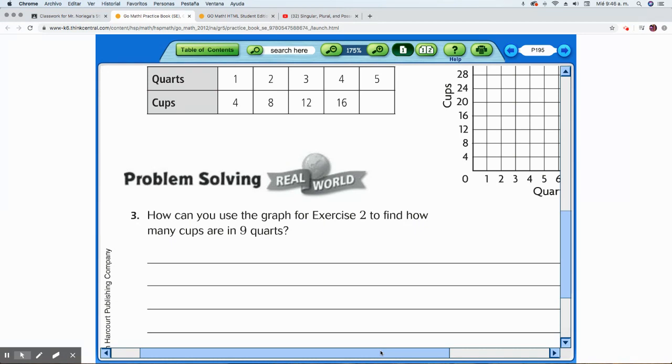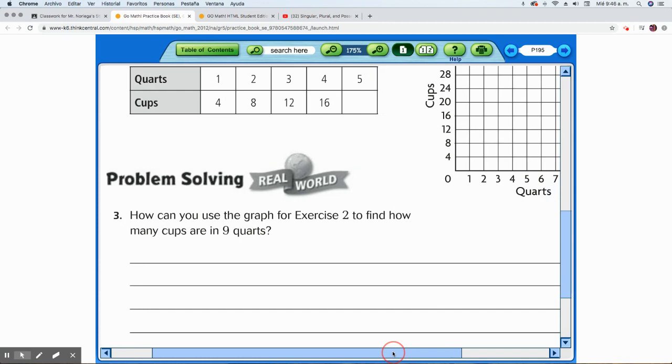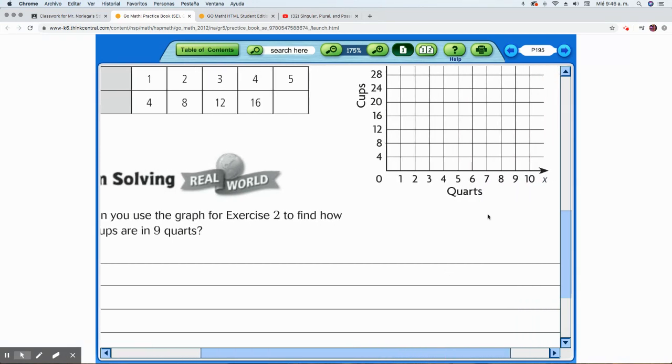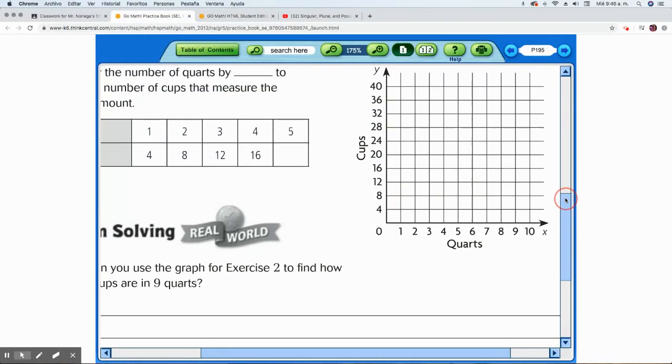Then we are going to draw a line going up until it touches the line segment. And then we're going to move our pencil to the left to find what number equals 9 quarts. So this question number 3 is the same as this example right here.